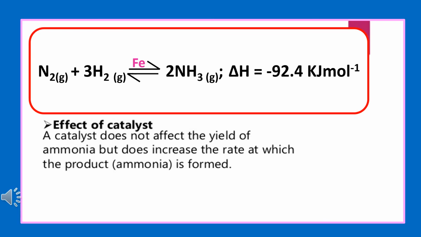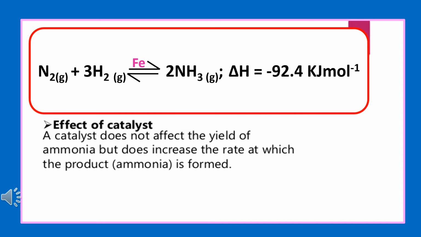The next important factor is catalyst. Let us see what is the effect of catalyst on this Haber's process. We know a catalyst is a substance which increases the rate of reaction without itself being consumed in the reaction. That is, a catalyst does not affect the yield of the product. In this case, the catalyst does not affect the yield of ammonia, but it increases the rate of formation of ammonia.